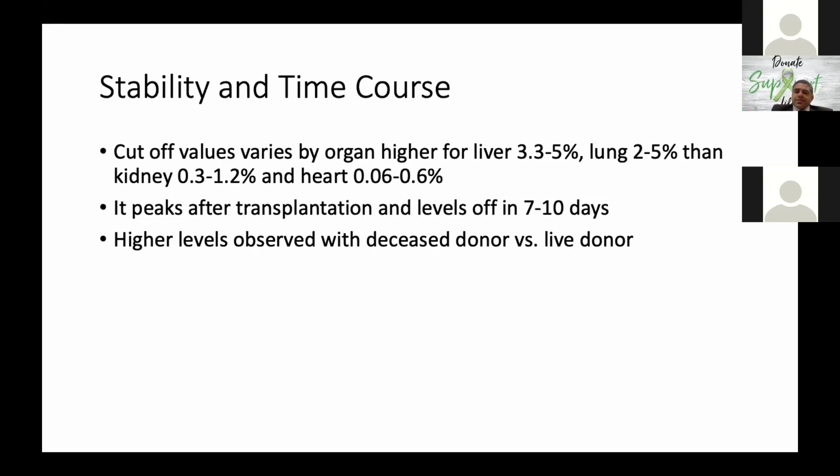All these factors can lead to shedding. Some of the cells in the organ will be leaking cell-free DNA. Therefore, if we do testing in the first 7 to 10 days, we may detect a higher level of cell-free DNA, even though it may not correlate with rejection. It's rather that the organ is undergoing engraftment.